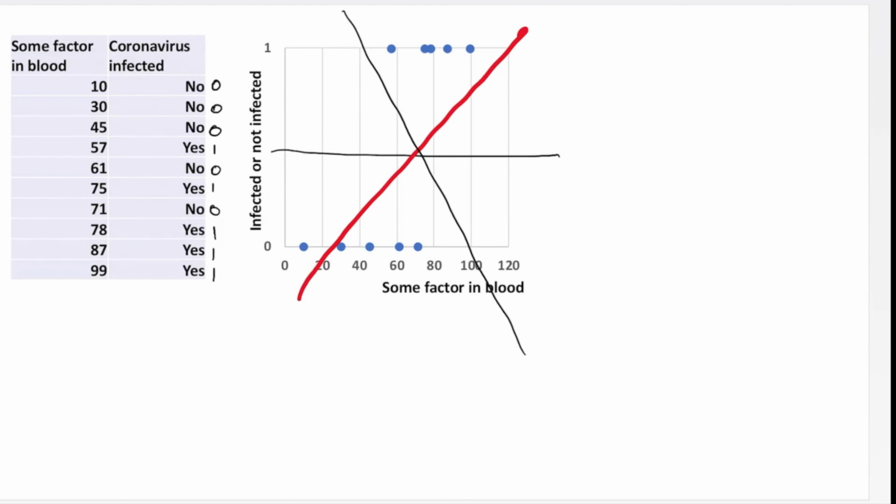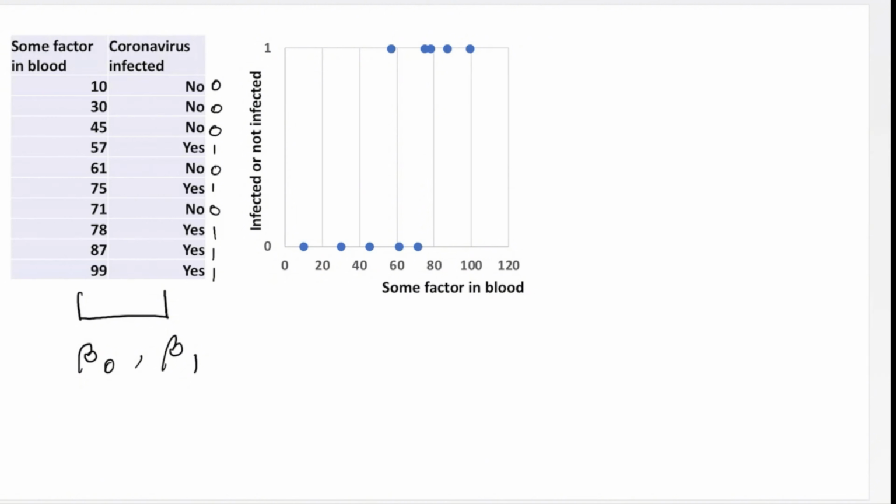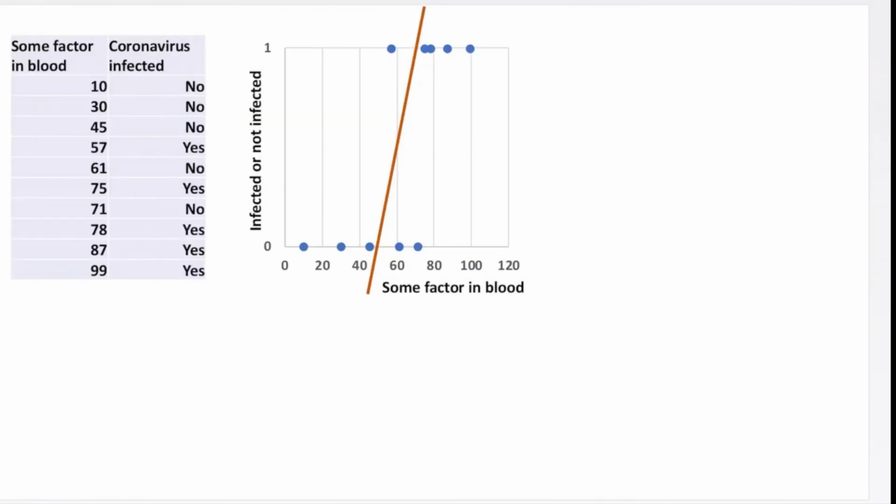Which line it should be depends on the analysis of those beta values. Obviously, in this case, since we have two columns, we will need beta naught and we'll need beta 1. Let's say that this line fits the data very well. That means this line will contain minimum amount of error from each point toward the line.